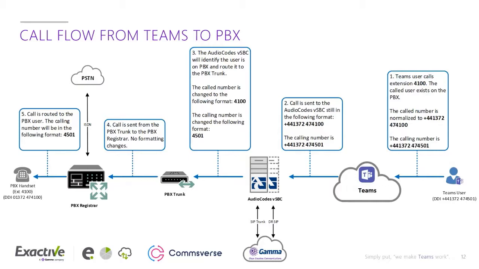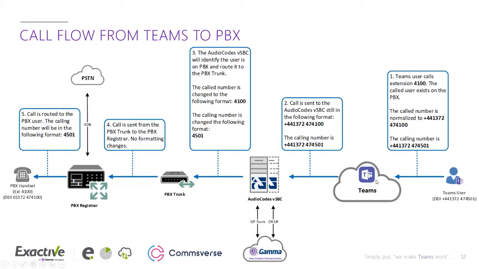They still are used to the concept of extension dialing. That's fine, that's not a problem. So when they dial that number, it's normalised fully to 4100. The reason it's normalised is because the user may sit on Teams or it may sit on the old PBX. So which will be determined later down the line.